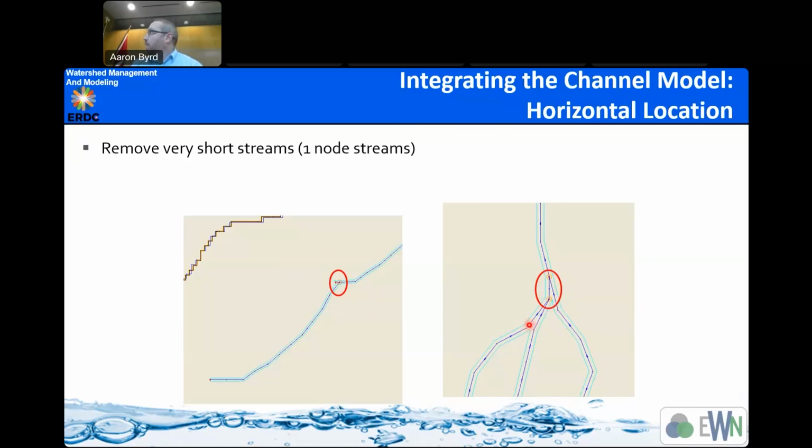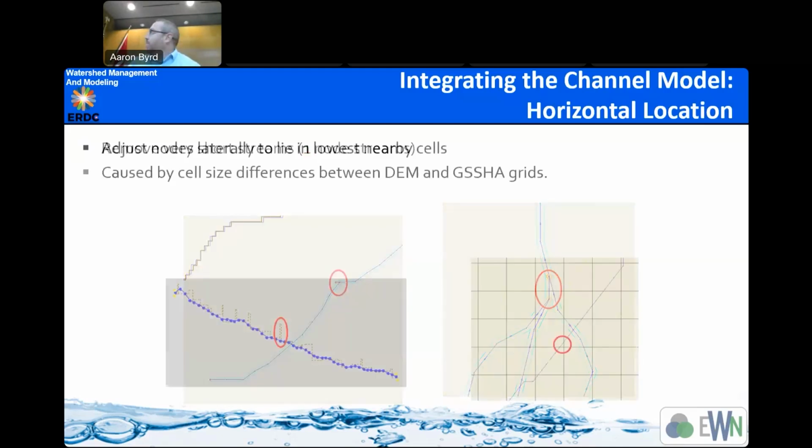This should probably be collapsed back up here, right? So join these two, delete this, join these two, or move it or something like that. But you definitely don't want one node streams because you need to have that difference, right? We have a somewhat difference across our thing. Two node streams, watch out for. They work, but they don't work.